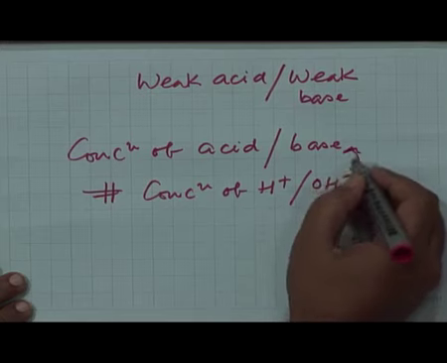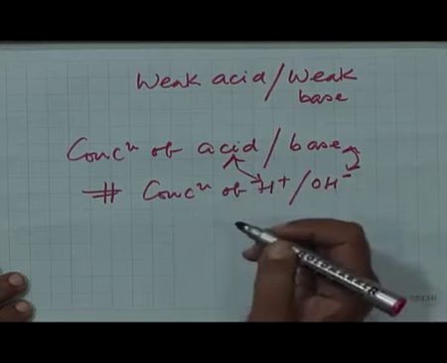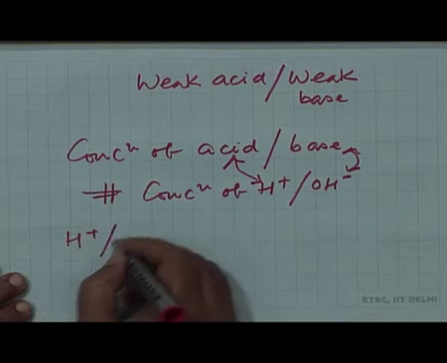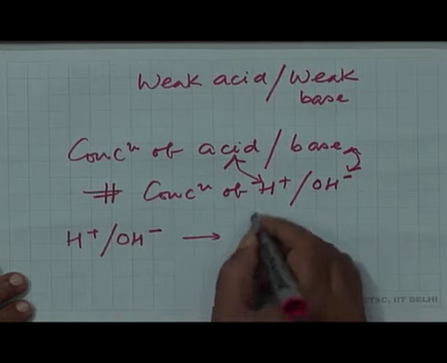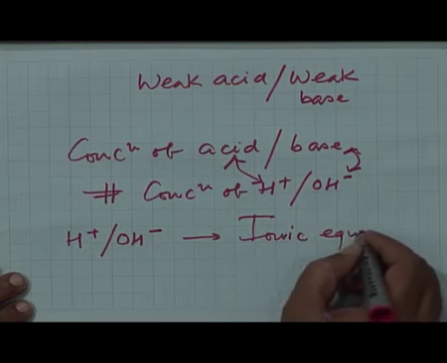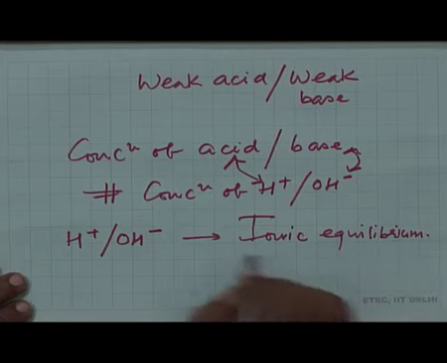OH minus ion in case of base, H plus ion in case of acid. We can calculate H plus ion or OH minus ion in such case using the concept of ionic equilibrium.